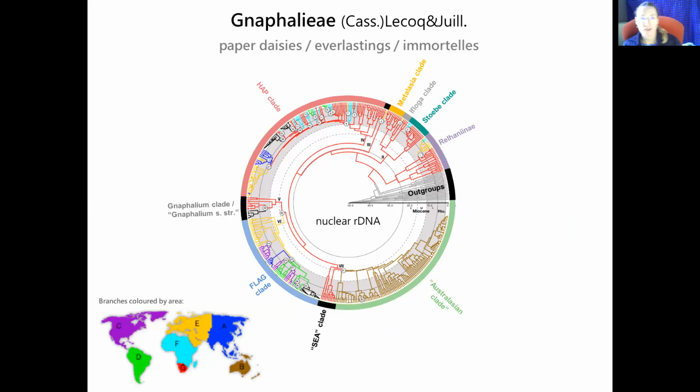So I hope that's given you an idea of the variation in the Gnaphalieae in this rather interesting tribe. And you can see the growth form varies. I think almost every single clade here has got both annuals and perennials and a range of growth forms.